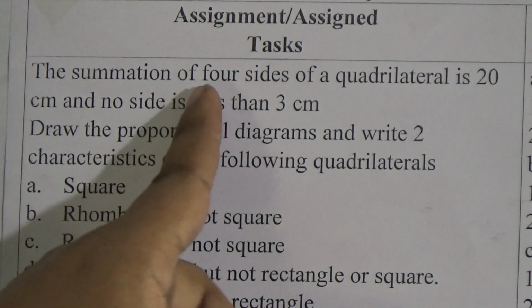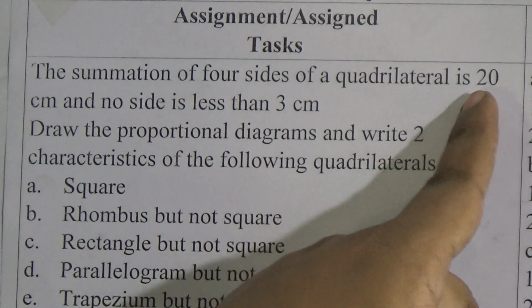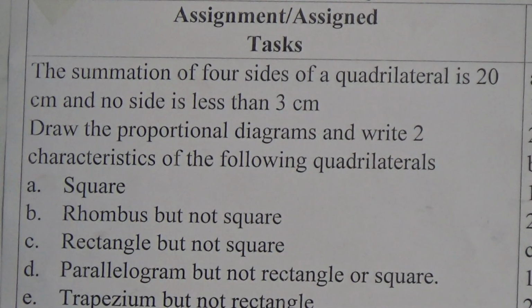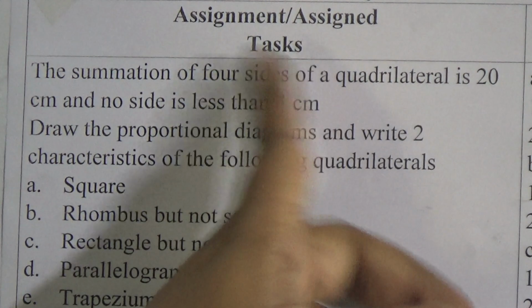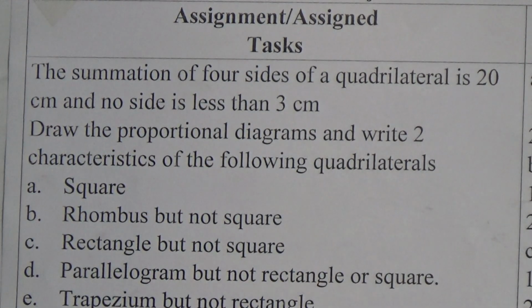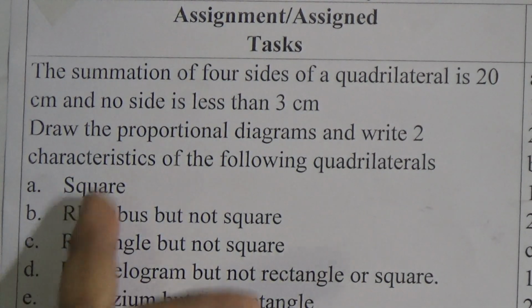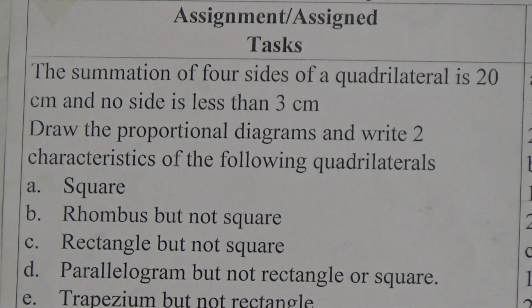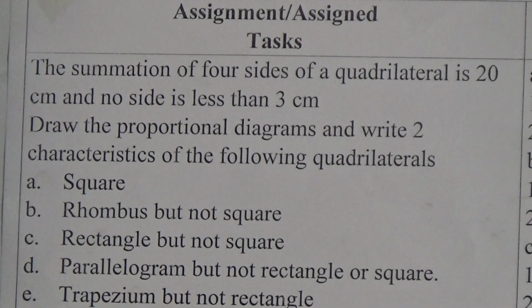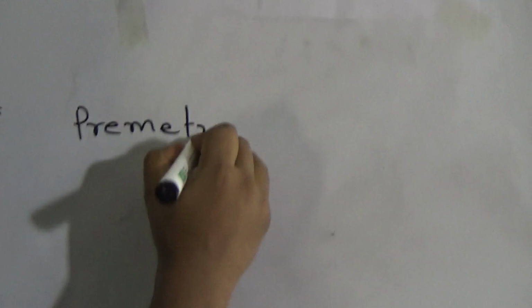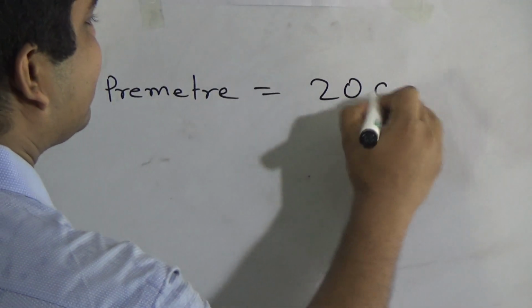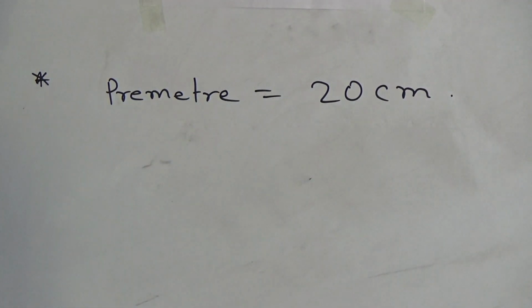Notice the summation of 4 sides of a quadrilateral is 20 centimeters. So we can easily write the perimeter of a square is 20 centimeters, and we know all sides of a square are equal.